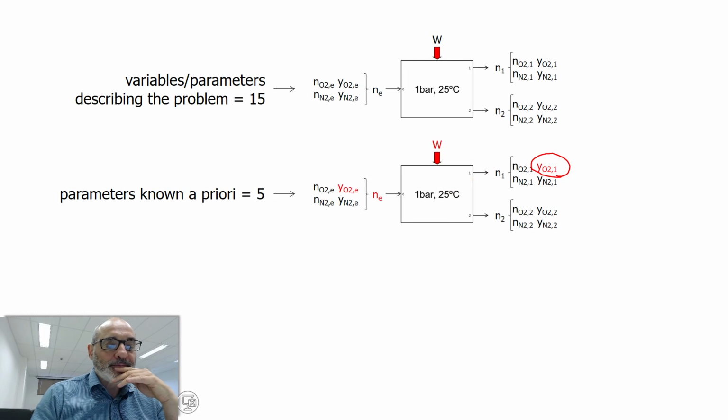We also know the amount of air that I have in order to have a certain amount of oxygen for burning a certain amount of fuel. So this is another design parameter. And the concentration in my feedstock is the concentration of oxygen in the air.